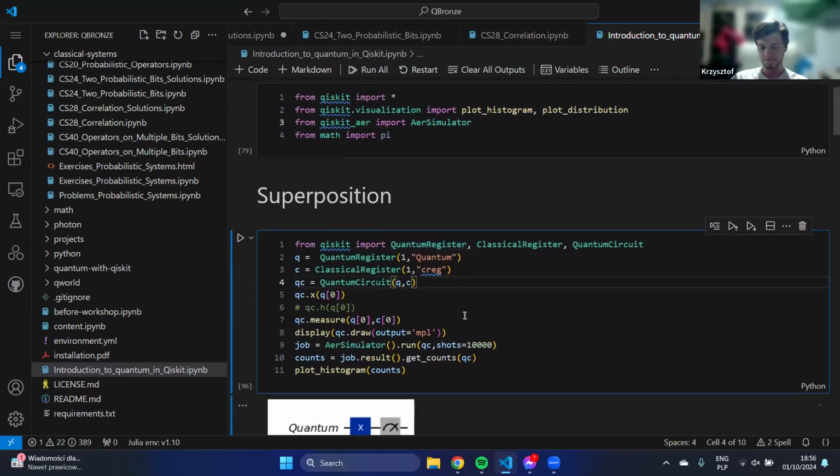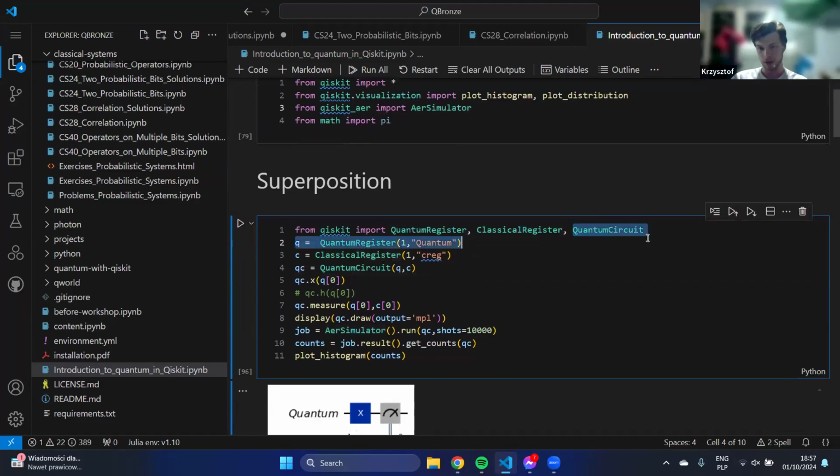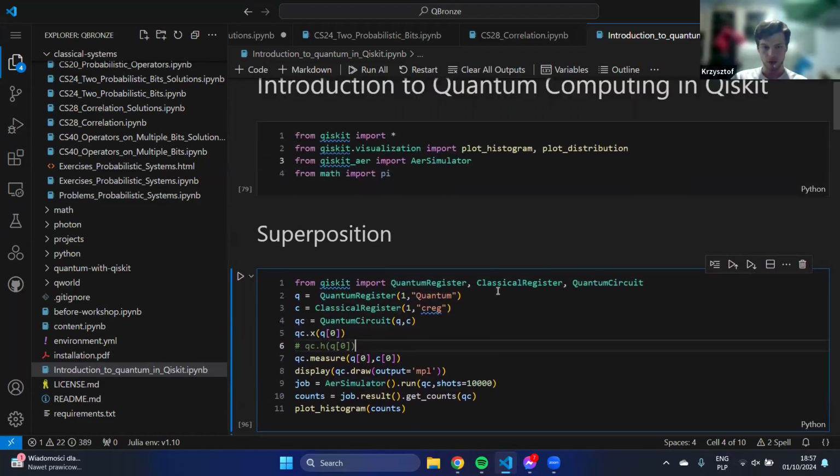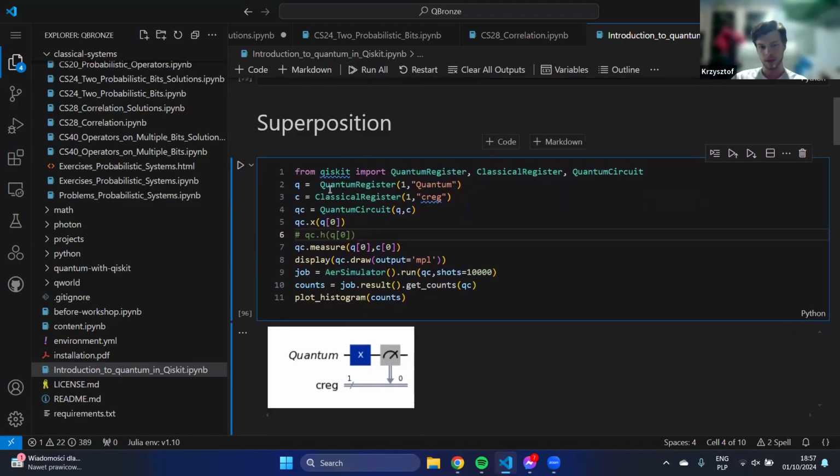We have a quantum register, a classical register, and a quantum circuit. In order to construct a quantum circuit, we first need to define a quantum register. In this case, you say how many qubits you want in this quantum register, and we call this variable q, and we call the register quantum.